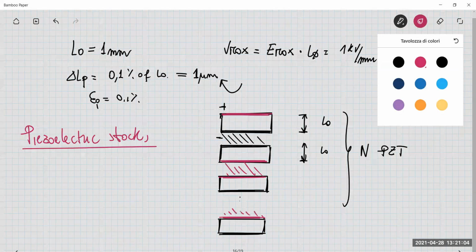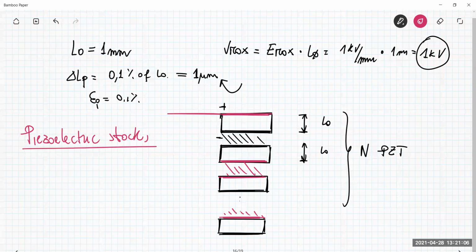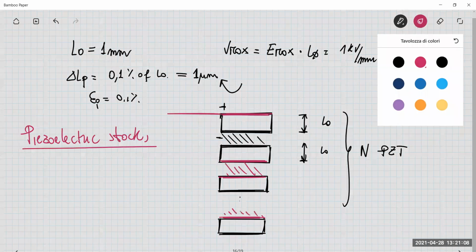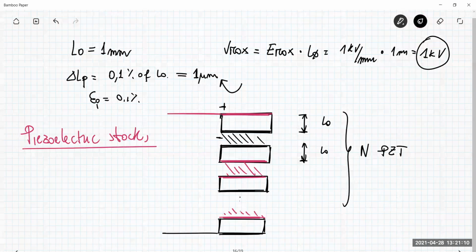So I have the plus and the minus. So we have here the battery. And also I have all these terminals that are connected to the plus side, and these are connected to the minus side.